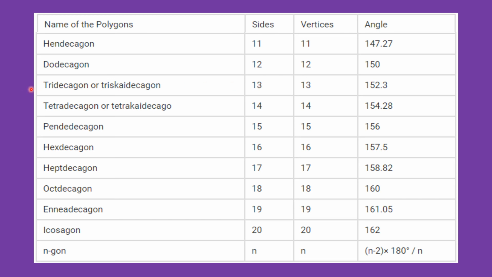For 13 sides, we have tridecagon or triskaidecagon. For 14 sides, we have tetradecagon or tetrakaidecagon. For 15 sides, we have pentadecagon. For 16 sides, hexadecagon. 17 sides, heptadecagon. For 18 sides, octadecagon. For 19 sides, enneadecagon. For 20 sides, we have icosagon. And for n sides, we have n-gon.